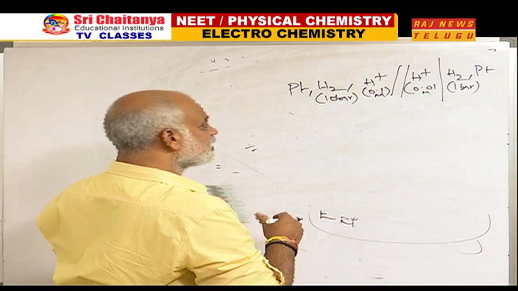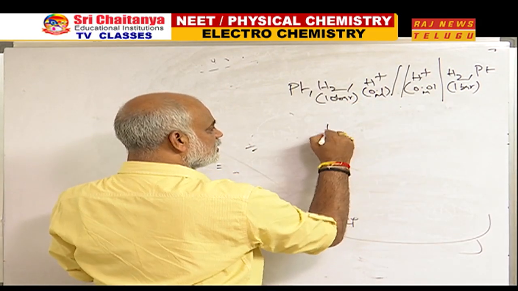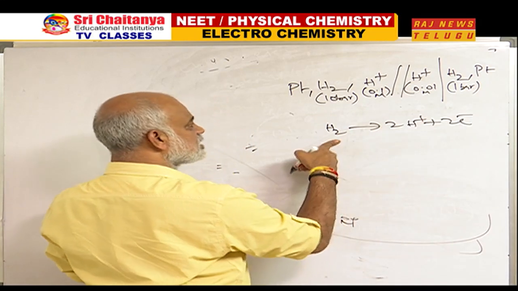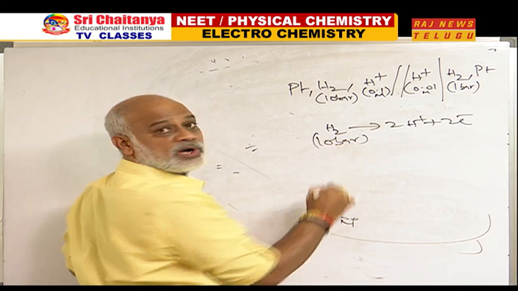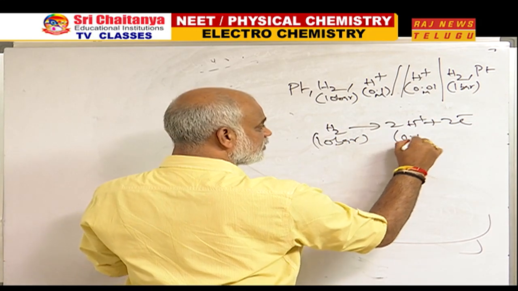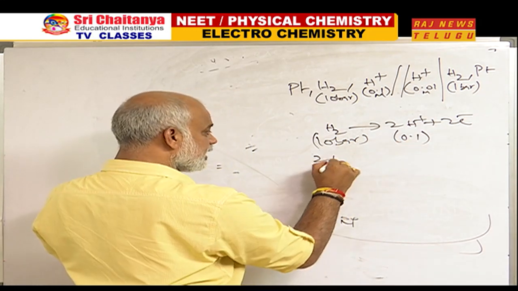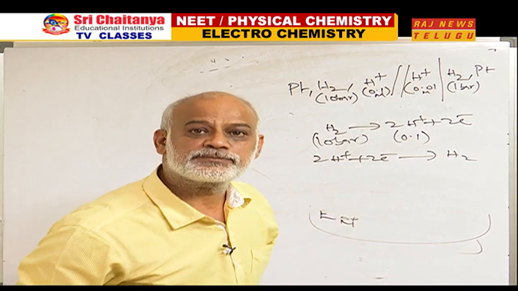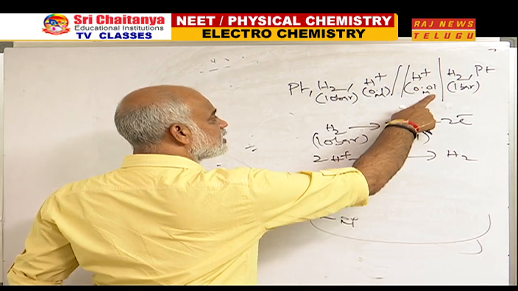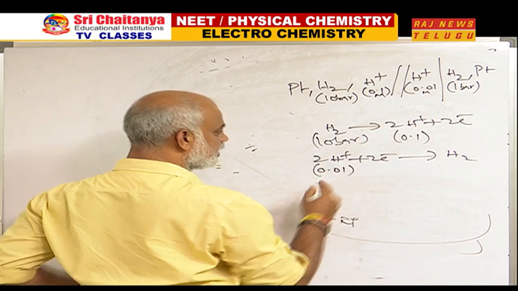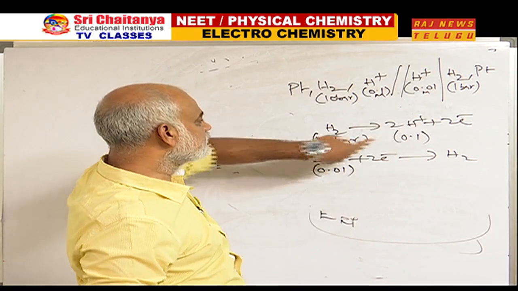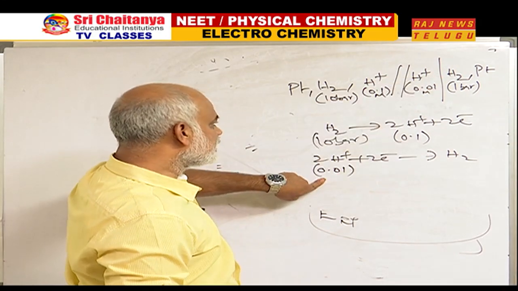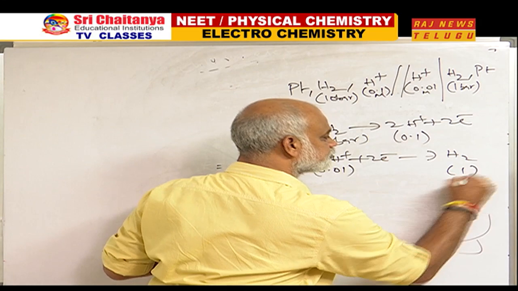So, what are you calculating? E. So, better we write anode, cathode. H2 gives 2H plus plus 2 electrons. What is H2? 10 bar. What is H plus? 0.1. 2H plus plus 2 electrons gives H2. What is H plus here? 0.01. Anode 10 bar, 0.1; cathode 0.01 and 1 bar.